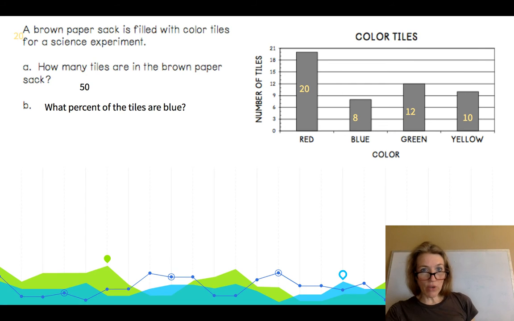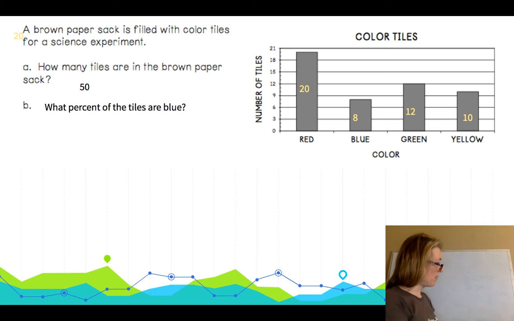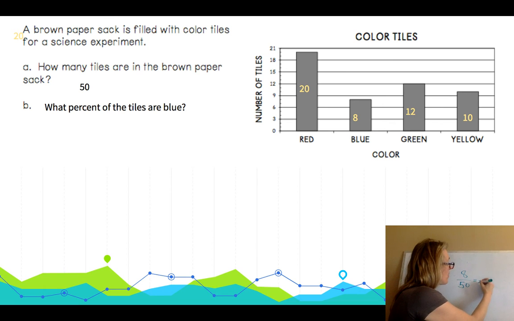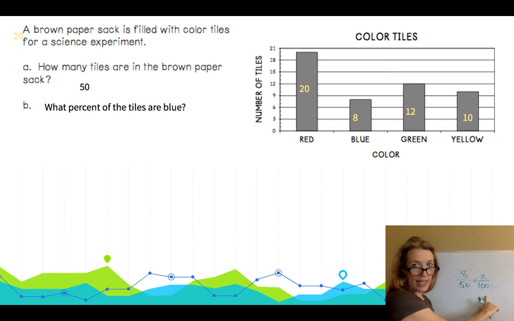And I'm going to have you look back here on this example right here. So if we're going to find the percent of blue tiles, we first need to know how many tiles altogether are in this set. We've already decided that there were 50 data pieces. And then when we look on the graph here, we can see that 8 of them out of the 50 are in fact blue. So if I want to know what percent that is, remember when we learned about percent proportions, we can say how many out of 100 are the blue tiles.